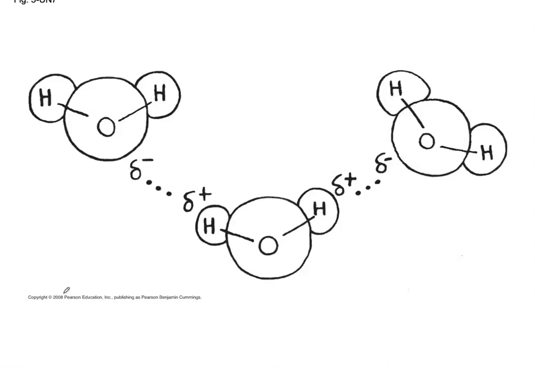The fact that it has surface tension, it has evaporative cooling, all of these come from the existence of hydrogen bonds. Water is also considered to be the universal solvent, because it can dissolve all the substances that are ionic as well as all the substances that are polar covalent.